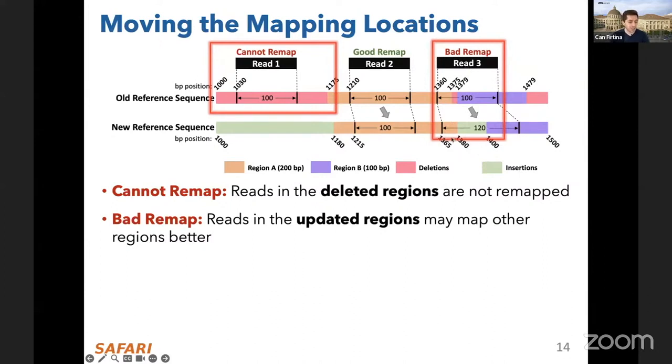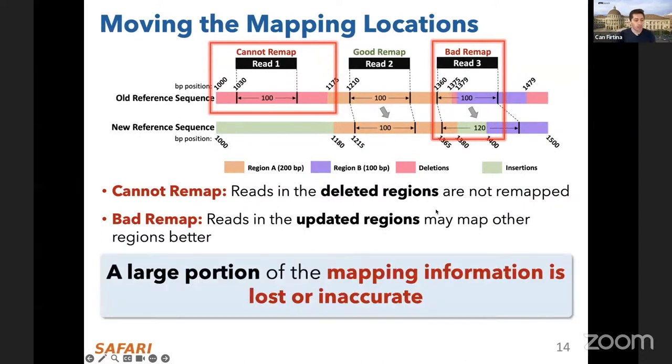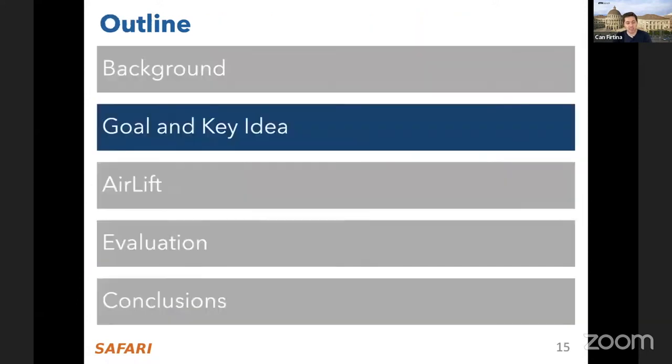So this read could still map to this region again, or to some other region with a better alignment score. But we're missing that information as well by simply moving the read to the corresponding position in the updated region. So a large portion of the mapping information is then lost or inaccurate by simply moving the reads from constant and updated regions to their corresponding positions in the new reference genome.